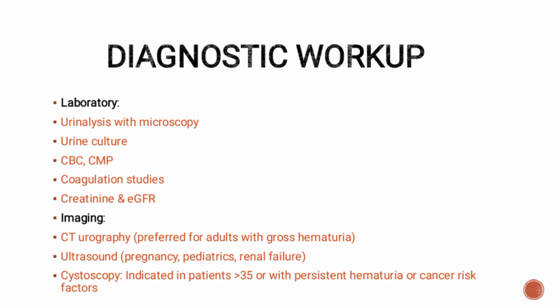And in case of imaging, when the patient presents with gross hematuria with clots, we will go for a computed tomography scan with the help of contrast, which is known as CT urography. Secondly, ultrasound can be done in pregnant patients, pediatric populations, and in case of renal failure. And cystoscopy is indicated in patients more than 35 years of age or with persistent hematuria or cancer risk factors.